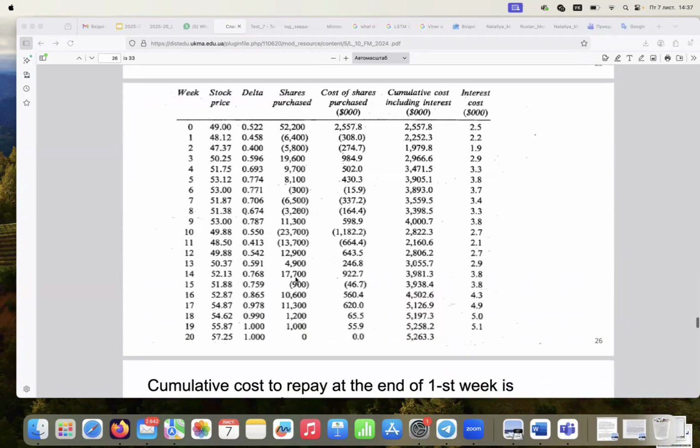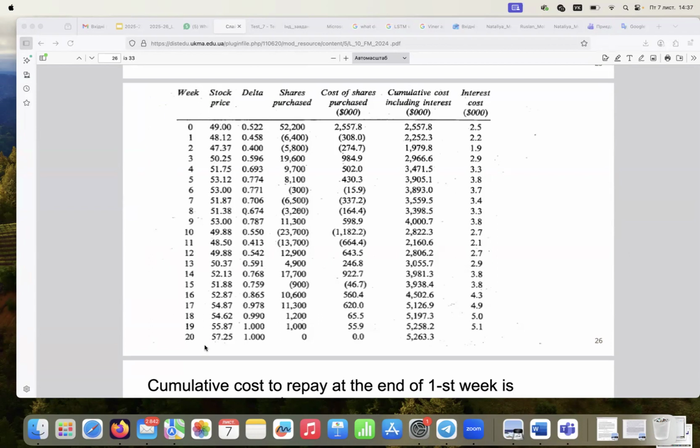And what we have at the end of this week: you see that the price was 49, and at the end we have a price of 57, but the strike price was 50.